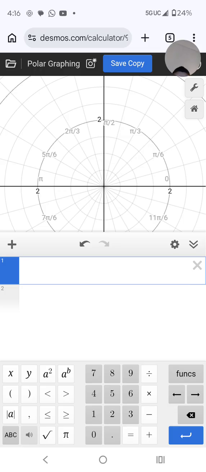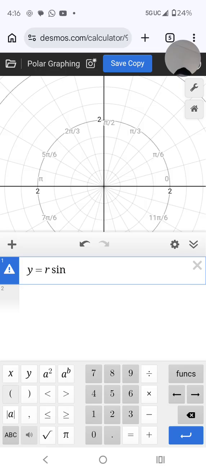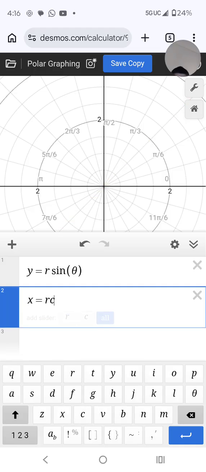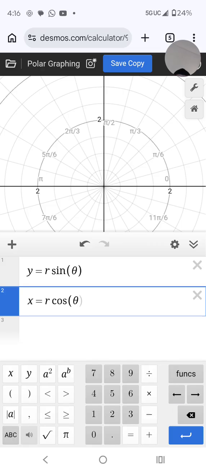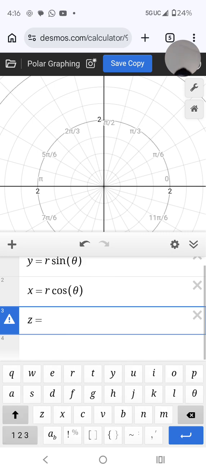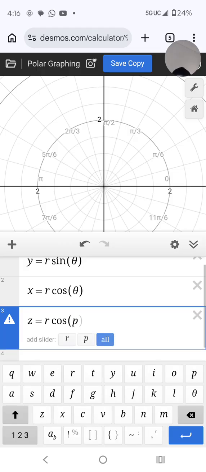So, by the way, y equals r sine theta, x equals r cos theta. That was the polar function for polar. And for phi, for 3 dimensions, z equals r cos of phi.